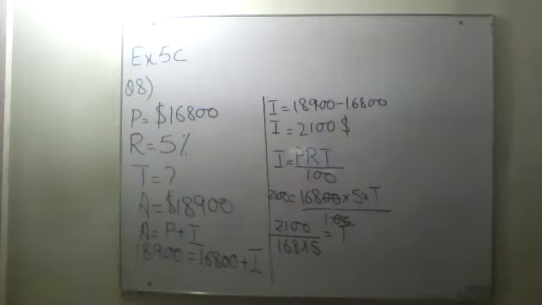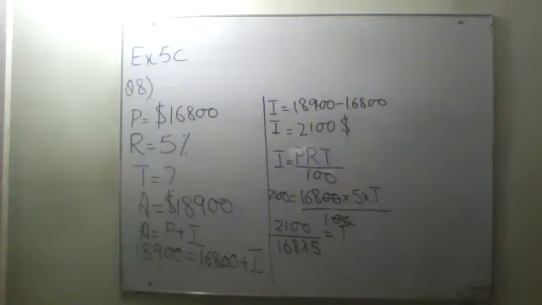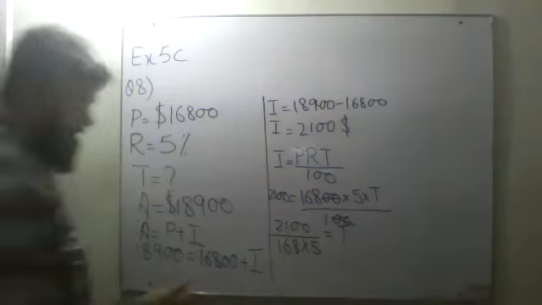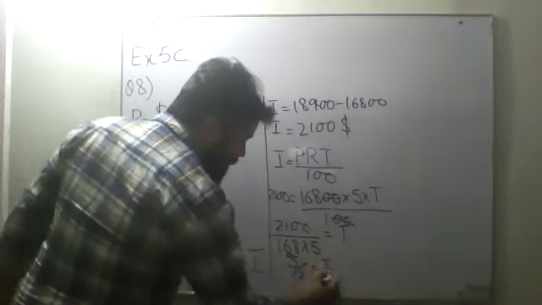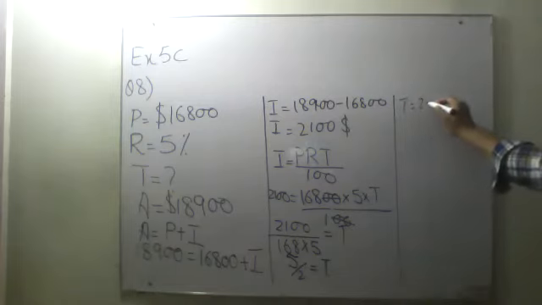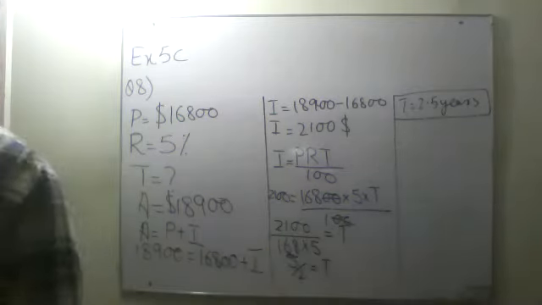So when I divide 2,100 by 168 into 5, my final answer for time is coming 5 over 2 equals T, which means the time taken will be 2.5 years in this situation.